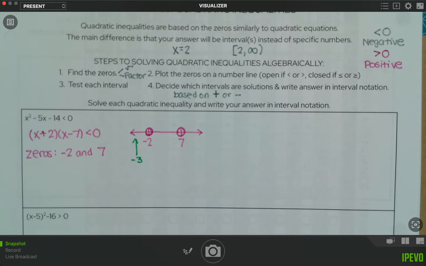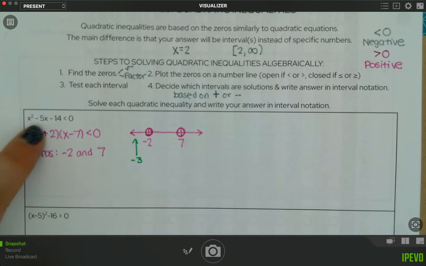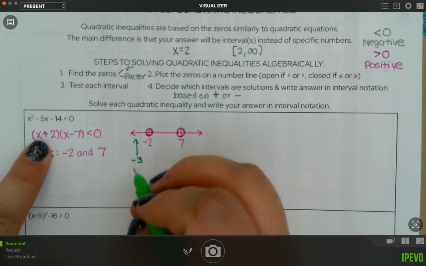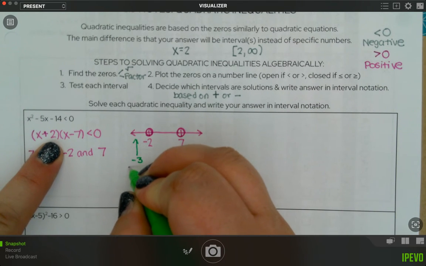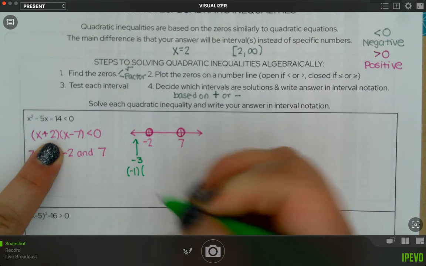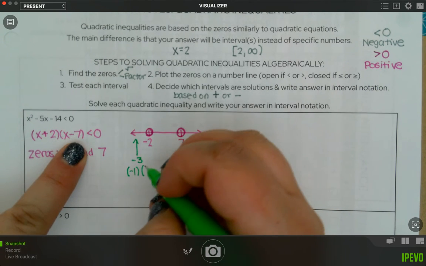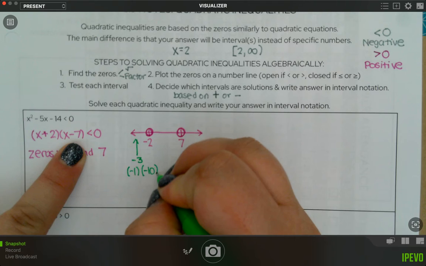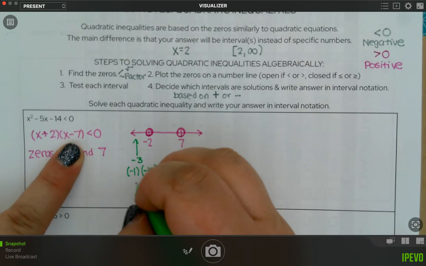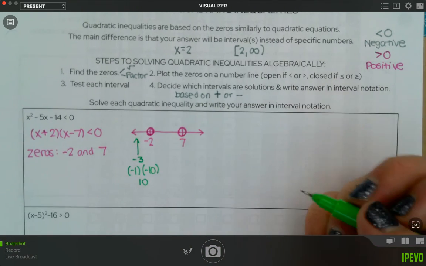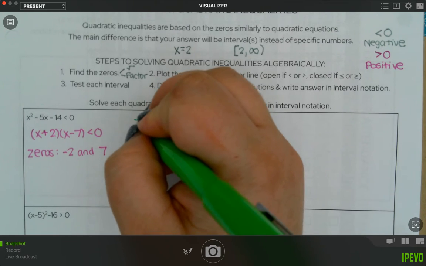It's way easier if you check each factor instead of plugging it back into this long thing, because negative 3 plus 2 is negative 1, and negative 3 minus 7 is negative 10. And then I just have to multiply those two numbers together, and I get a positive 10 as my answer.